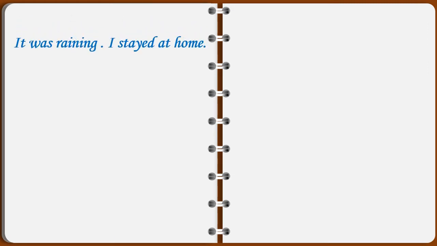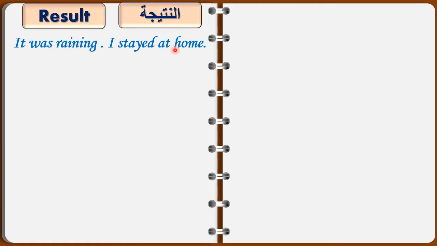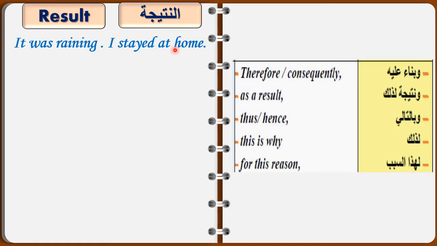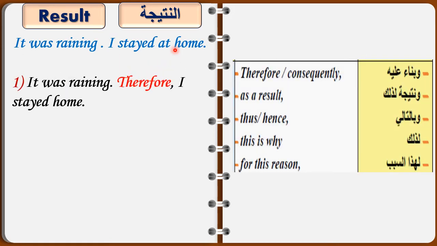The same sentence نفس الجملة ولكن من منظور آخر, from a different perspective. Here it was raining. This is what? This is the cause. I stayed at home. This is result. Good. نتيجة. What are the expressions? Here are the expressions. This is the example. It was raining, therefore I stayed at home, or I stayed home. كانت تمطر, نتيجة لذلك جلست في المنزل.